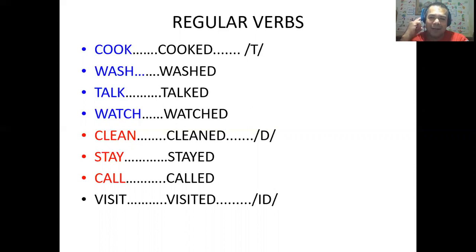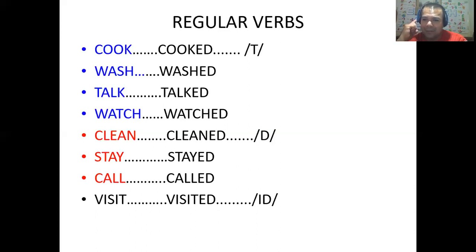So now listen very well, the present and past verb form of the three different sounds of the regular verbs. Check it out. Cook, cooked, wash, washed, talk, talked, watch, watched, clean, cleaned, stay, stayed, call, called, visit, visited.